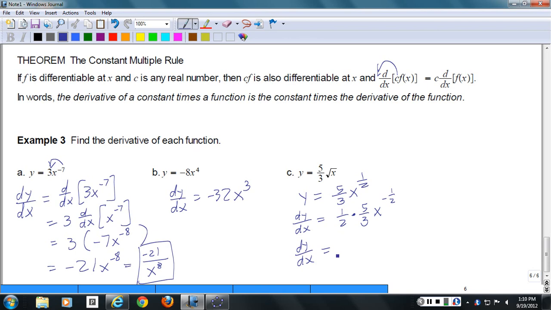A lot going on here. Probably I should say 5/6 x to the negative 1/2, and then say that's 5 over 6 x to the positive 1/2. And while I'm at it, 5 over 6 times the square root of x.